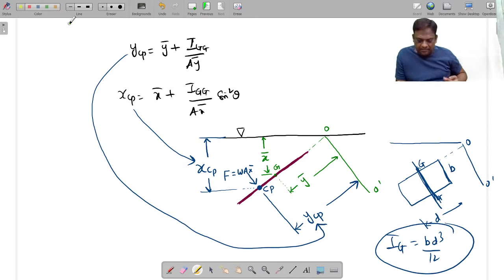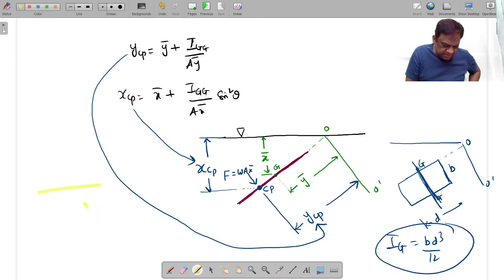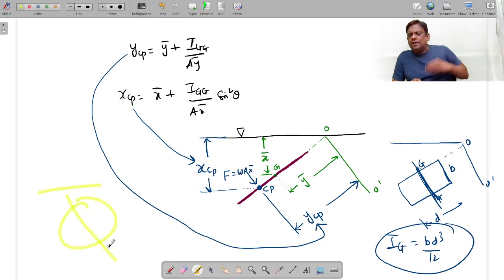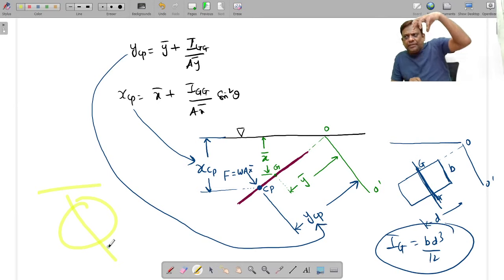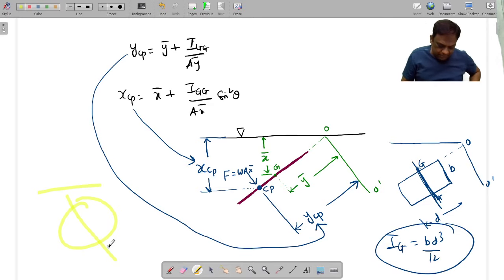If it is a circle, it will be pi by 64 d power 4. And one more thing, x bar will give me the position of center of pressure. In this case, it is giving just the magnitude of where that force is acting. And depending on the depth of immersion, we can correlate between x bar and xcp. Very good, my dear students.